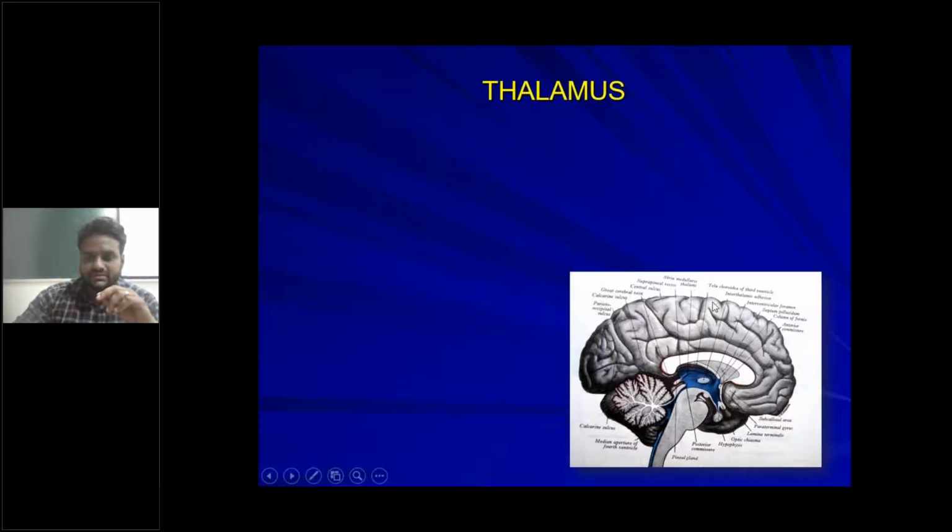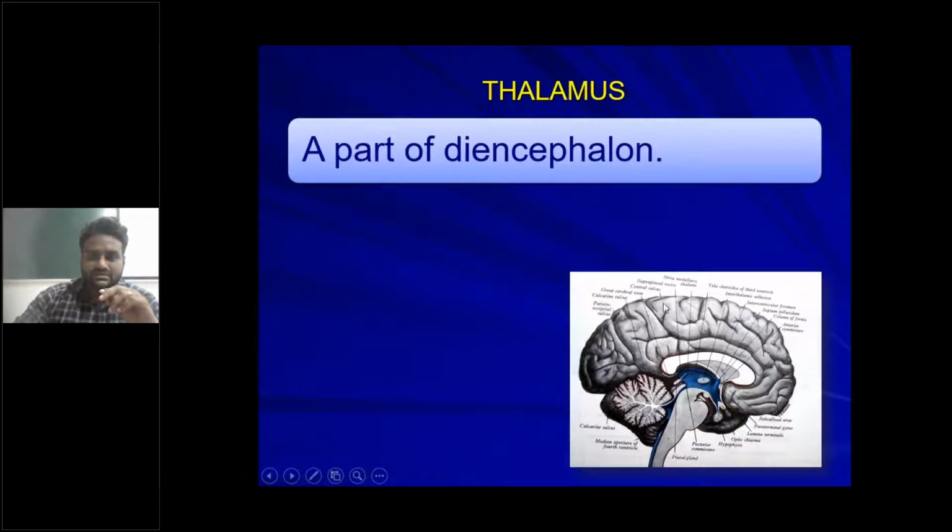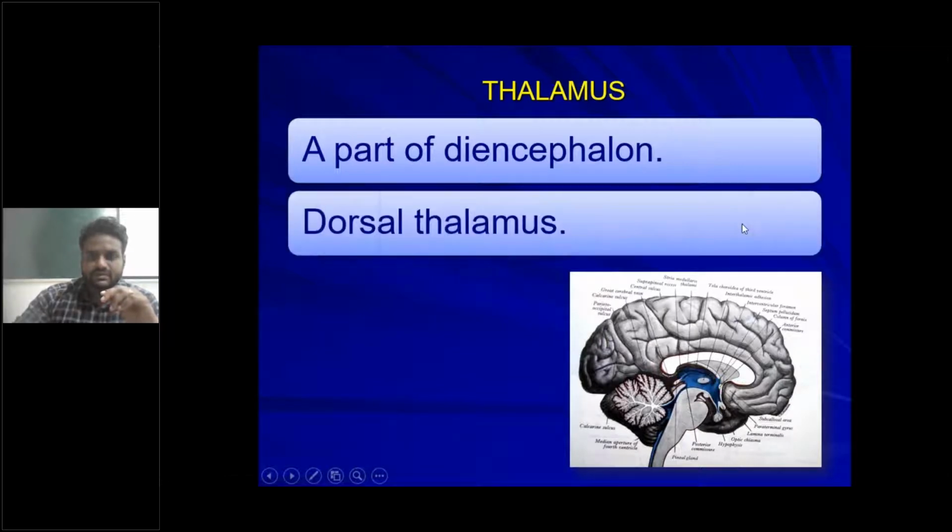This is the cross section of the brain. Whatever you see as the blinking part, this is the thalamus. It is part of the diencephalon. This is also called the dorsal thalamus.